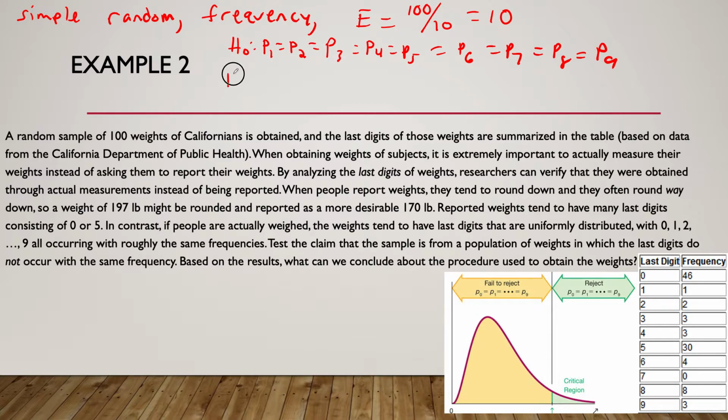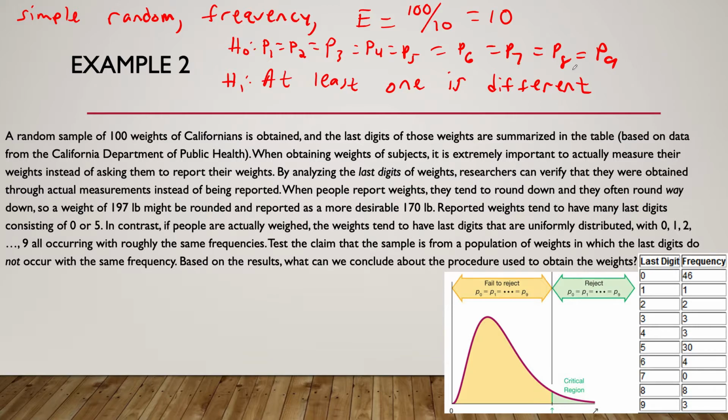The alternative is that at least one of these is not equal, or at least one is different.